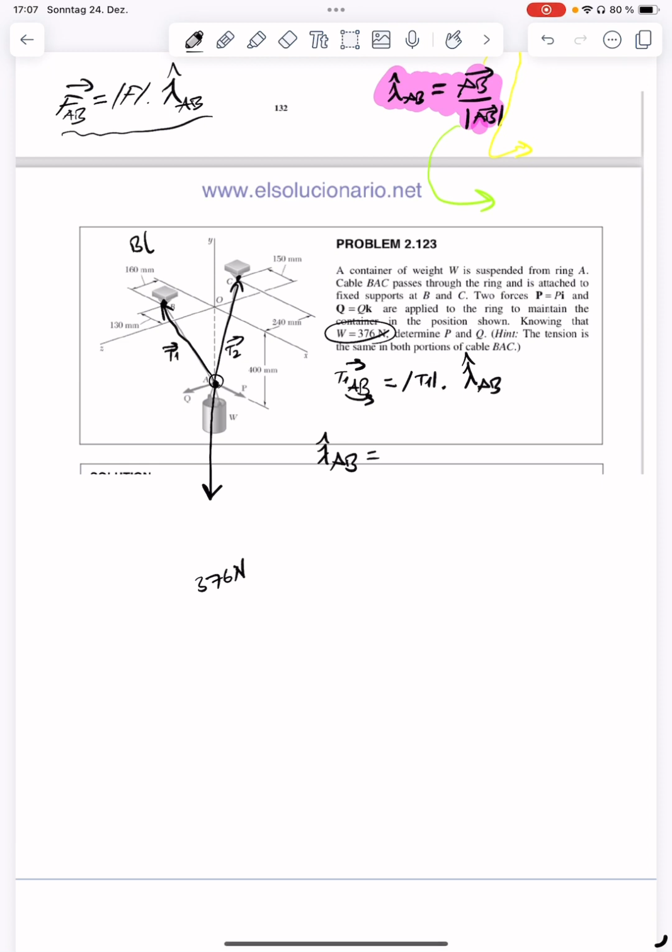There's a point B. I must determine the coordinates.